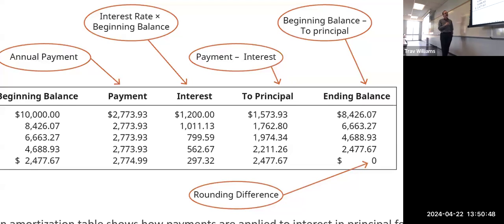So that would mean if you borrowed $10,000, that's how much you have to pay back, right? Not counting the interest. And if it's 12% interest, that means in the first year, you're going to have to pay $1,200 just for interest. That's not reducing your loan, that's just the interest on the loan.